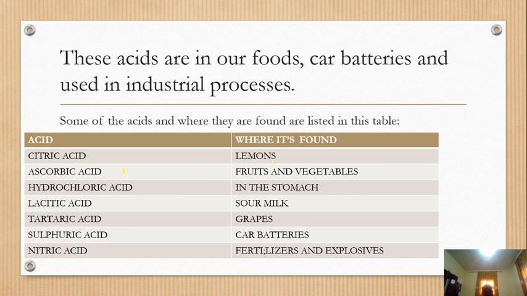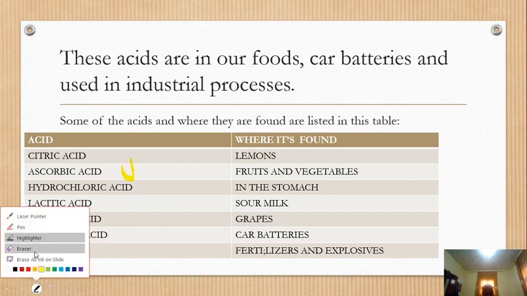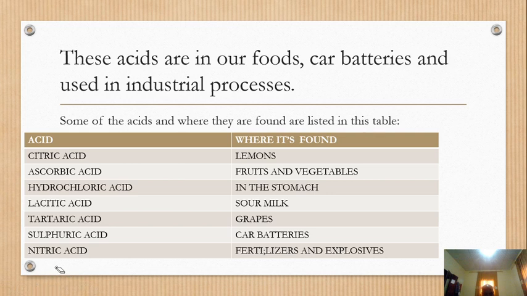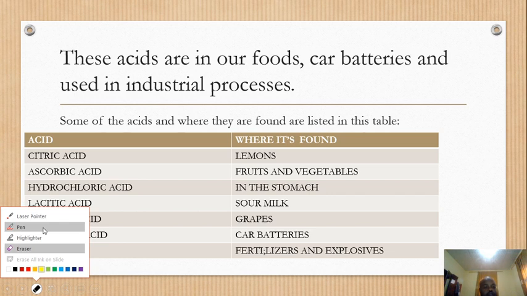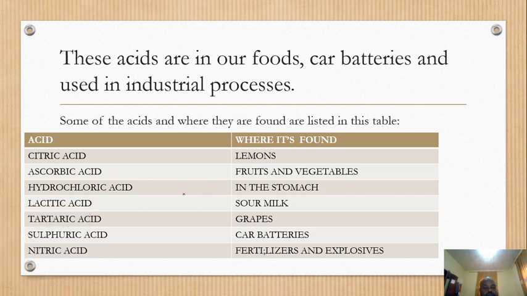We have ascorbic acid or vitamin C. This is vitamin C, right?